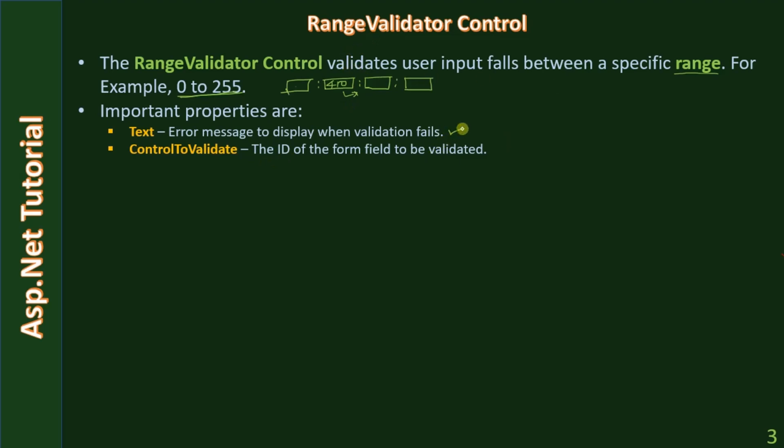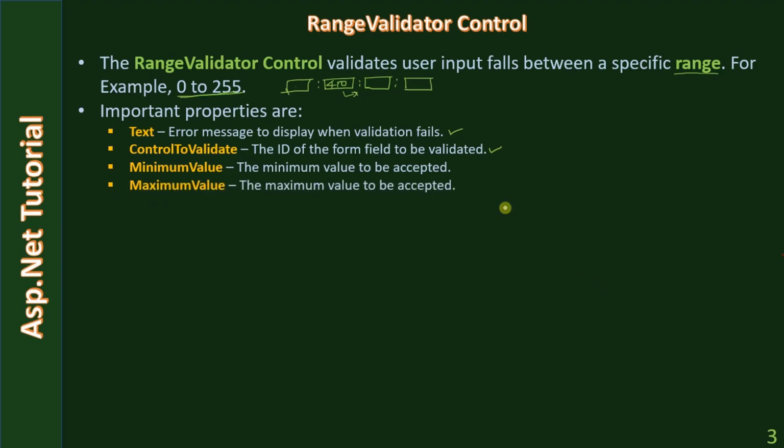These two we already saw in the required field validator. Then we have two properties, minimum value and maximum value. Using these two properties, we can set the range. For example, minimum value we can set 0, and maximum value we can set as 255.